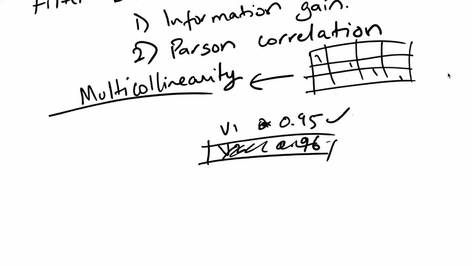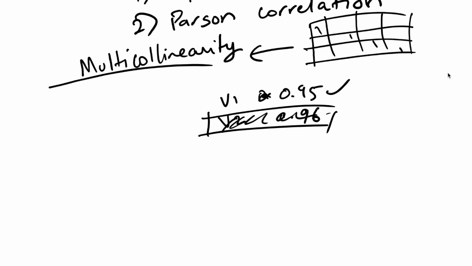So when you're doing Pearson's correlation, you need to look out for multicollinearity and remove any multicollinearity that may exist in your data set, because that could have a ripple effect on your modeling. Remove any variables which have high correlation.